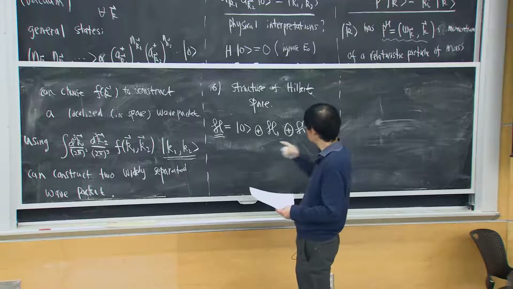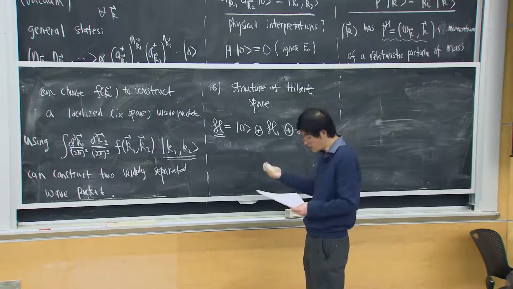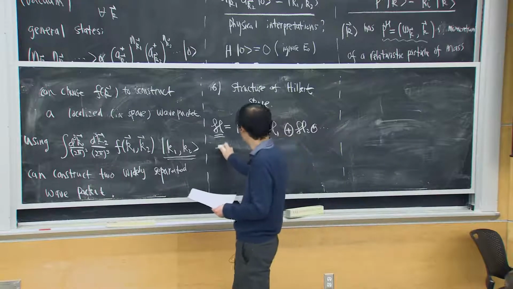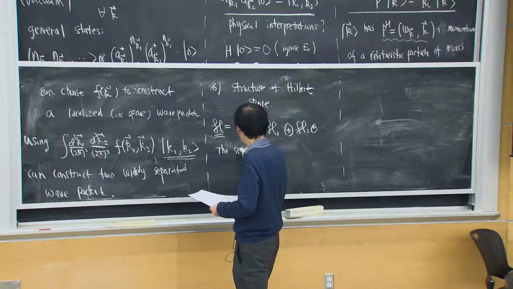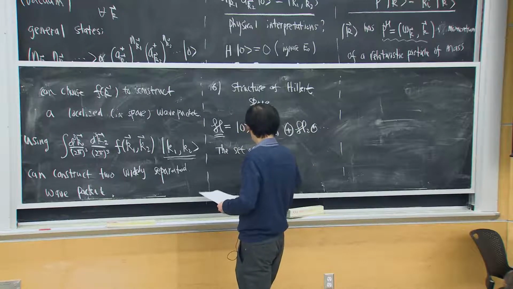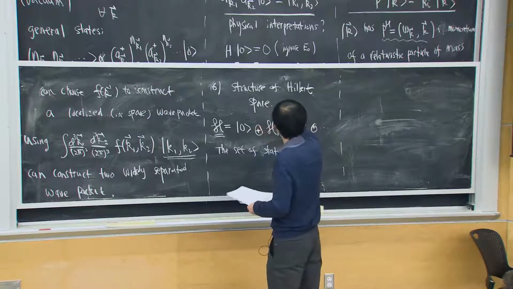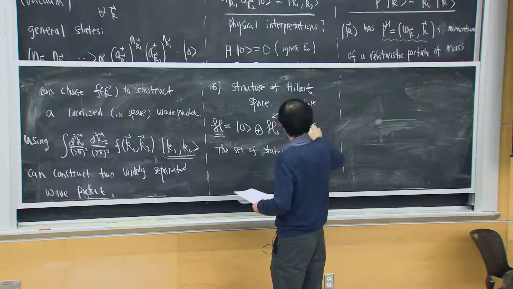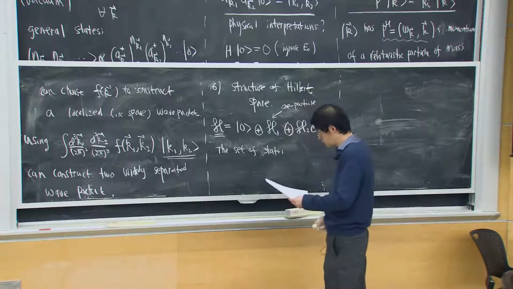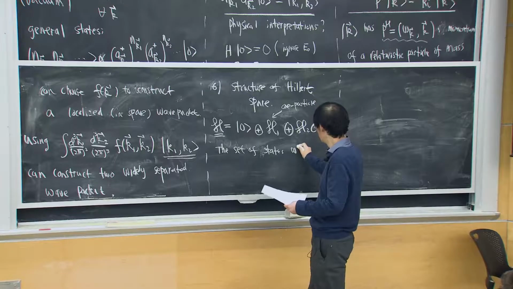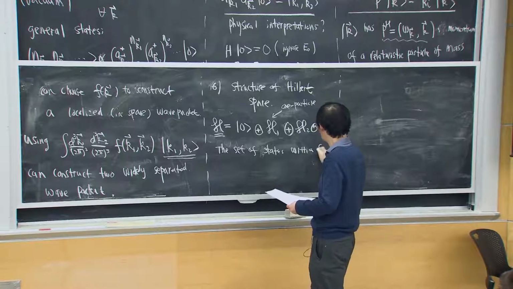So if you restrict to always a finite number of particles, the set of states, this is one particle, this is two particles, etc., that's the set of states with a finite number of particles.